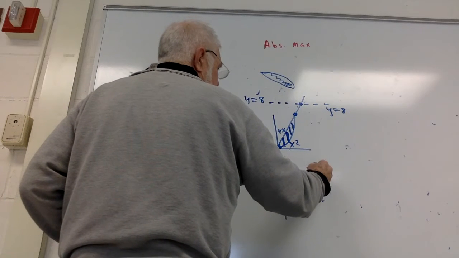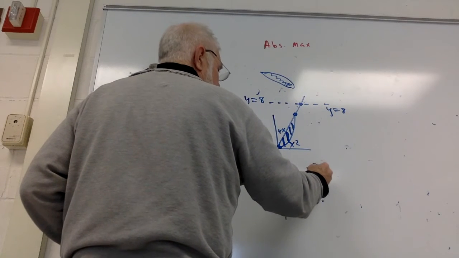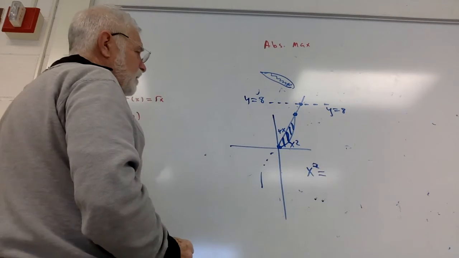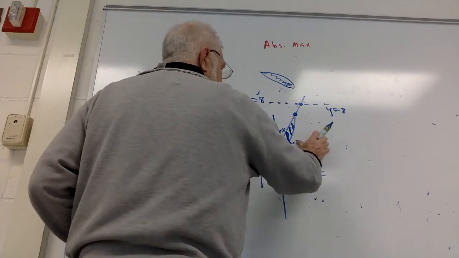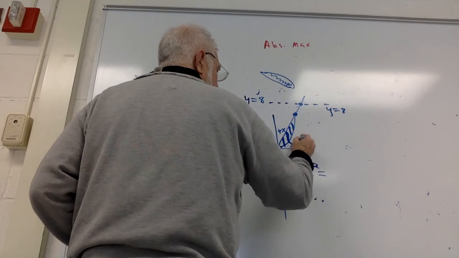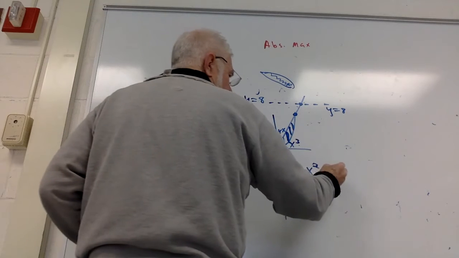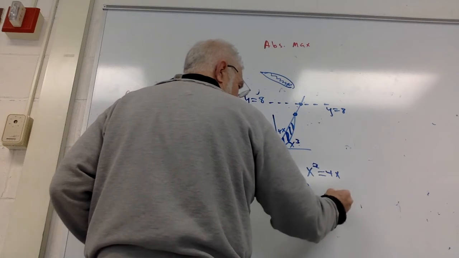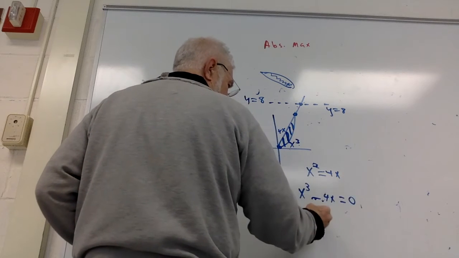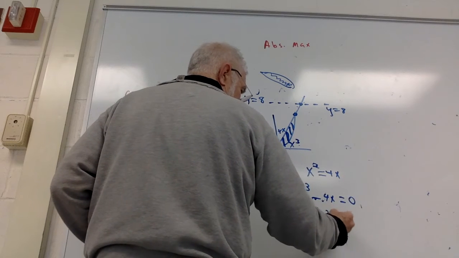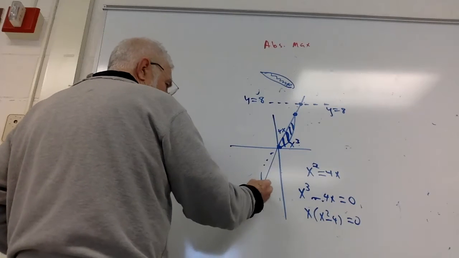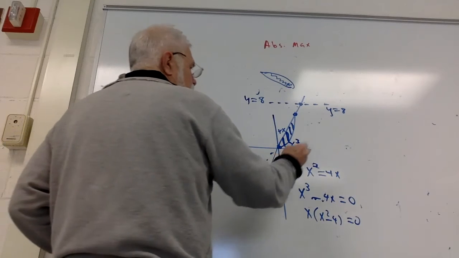Where does x cubed intersect with 4x? These are algebra 1 skills. X cubed minus 4x equals 0. So x times (x squared minus 4) equals 0. So we have -2 down here. We don't care about that one. We've got 0 to 2.